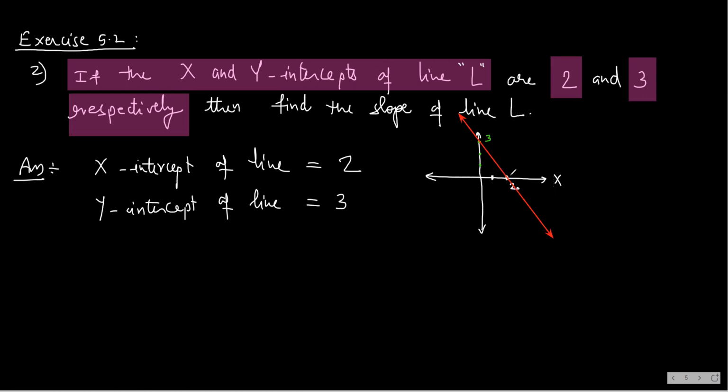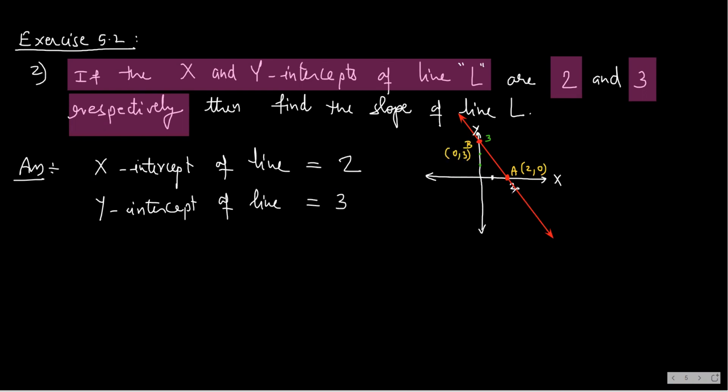Now see, if that is the case, then see these points which I have on the line: one of them is on the x-axis, the other is on the y-axis. Think of the x-coordinate of this point. It is 2 and y is 0. And the coordinates of this are 0 and 3. I take this point as B. This being the y-axis, the coordinates will be 0, 3.